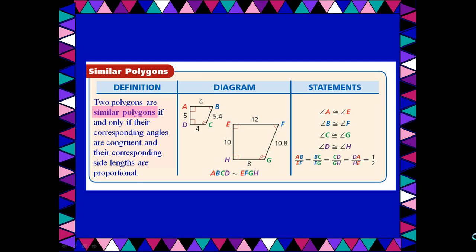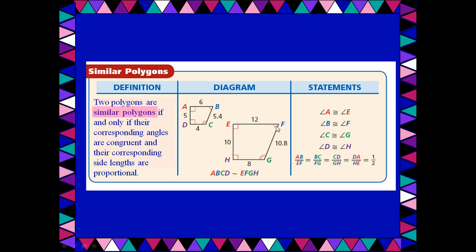Two polygons are similar polygons if and only if their corresponding angles are congruent and their corresponding side lengths are proportional. So if we look at ABCD and EFGH, we notice that we have corresponding angles congruent. A and E are congruent. D and H are congruent. C and G are congruent.